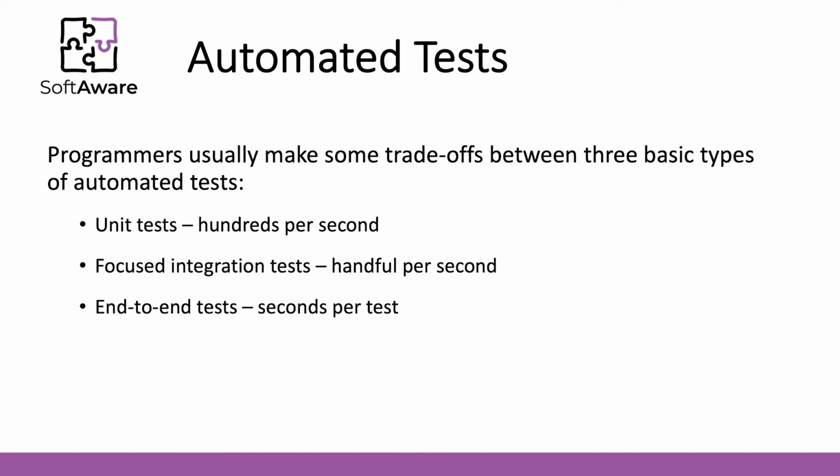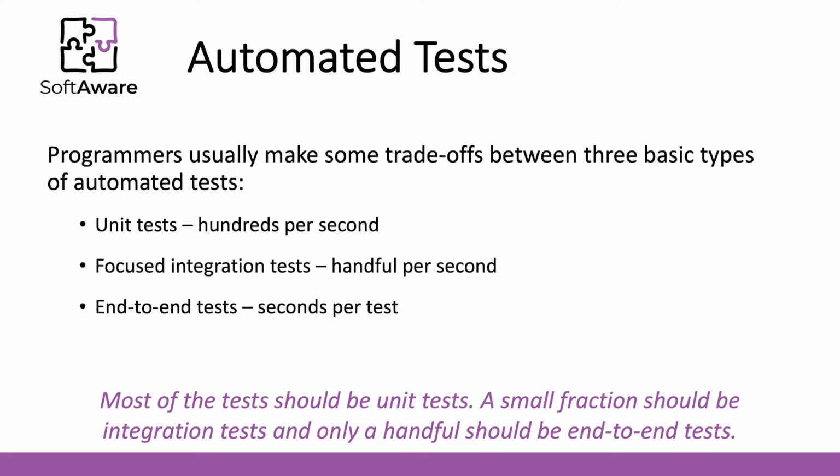A relevant aspect in automated tests, as it was previously presented in the continuous testing module, is the fact that most tests should be unit tests. Only a small fraction should be integration tests, and only a handful should be end-to-end.